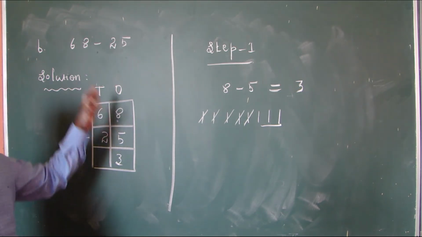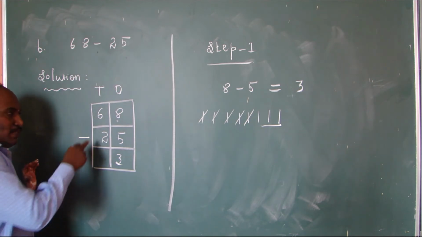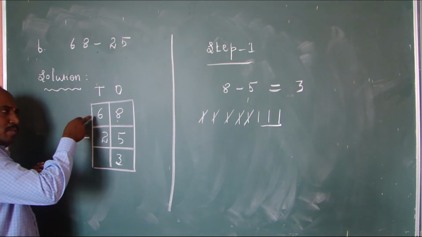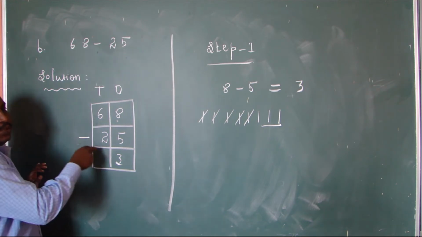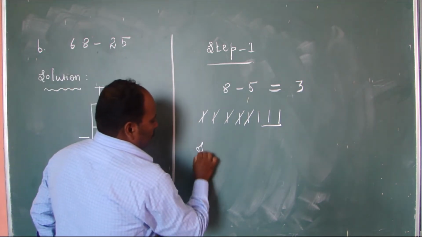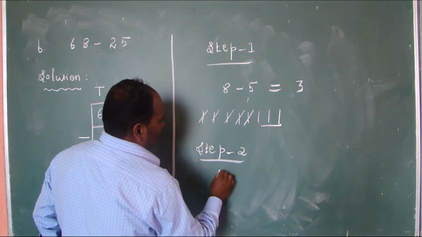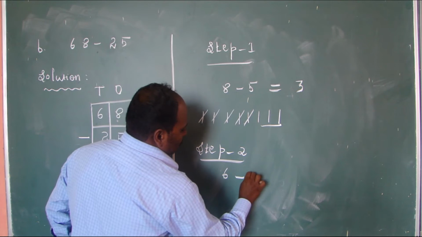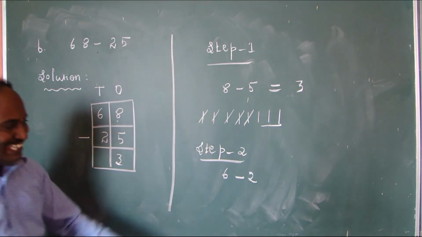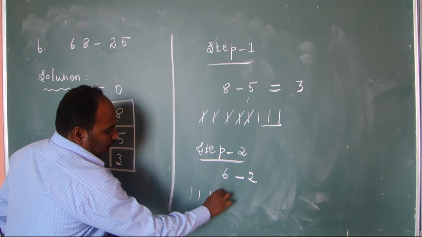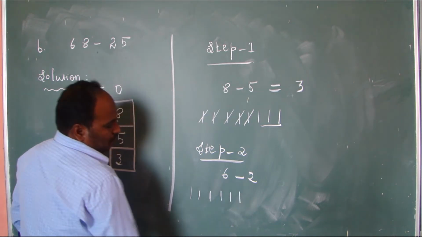Next we go to the tens place. Here tens place 6 minus 2. Step 2, 6 minus 2. We will draw the 6 sticks, 1, 2, 3, 4, 5, 6.